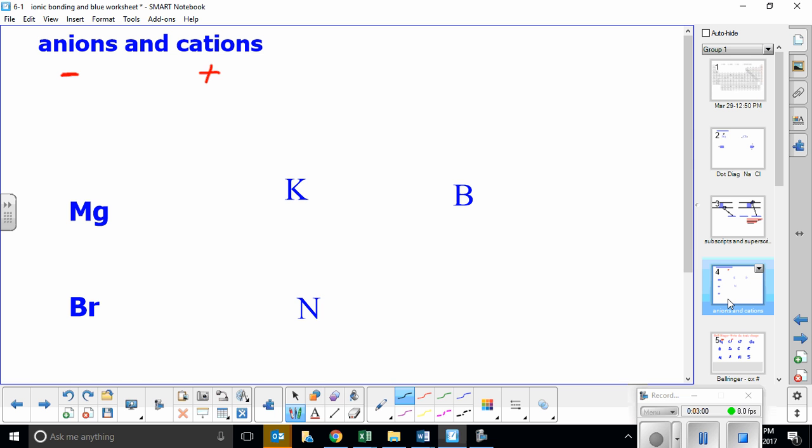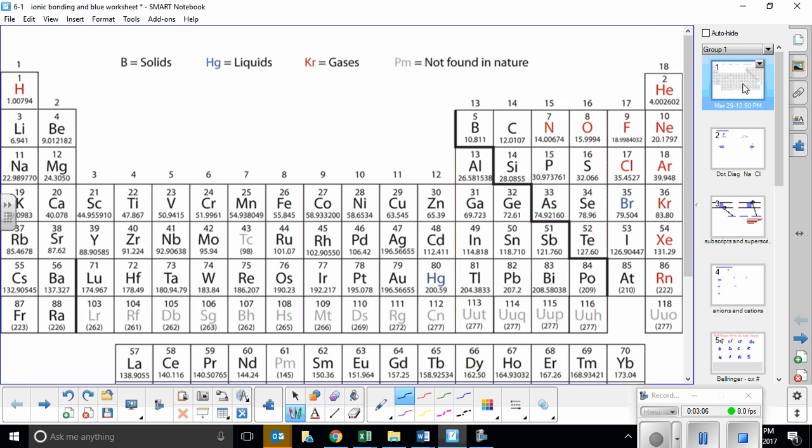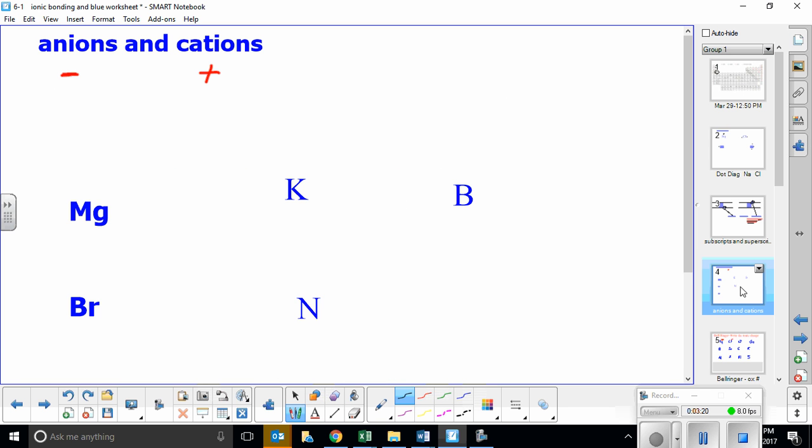So if we look and get the charge of these different ones, flipping back to our periodic table here, magnesium, we can see is right here. So it's in group 2, so it has 2 electrons. And what it wants to do with those 2 electrons is it wants to get rid of them. And if it gets rid of 2 negative electrons, then it would have a charge of 2+.